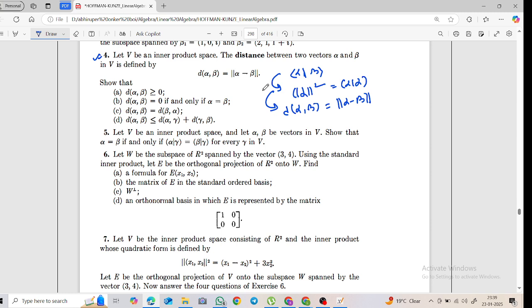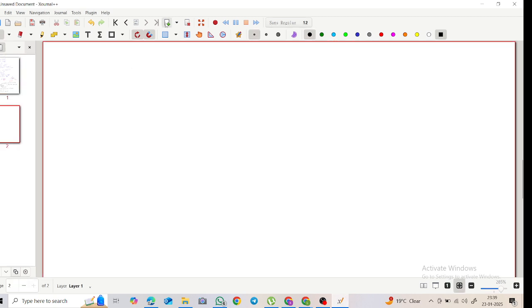Well, that's not possible. Suppose I give you an example. One thing you should observe, right? d of alpha, beta, what is that? That is the norm of alpha minus beta, right? What is this?